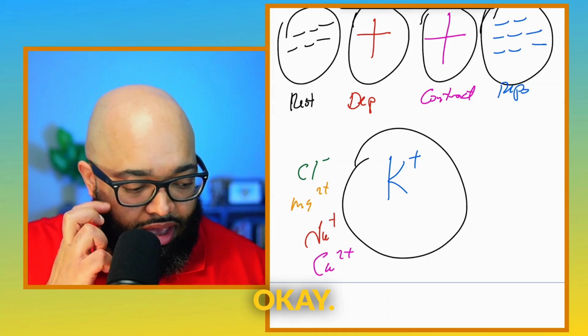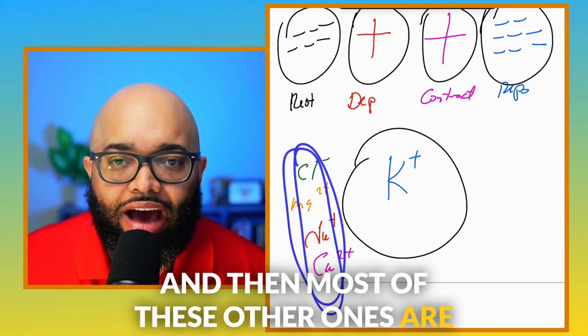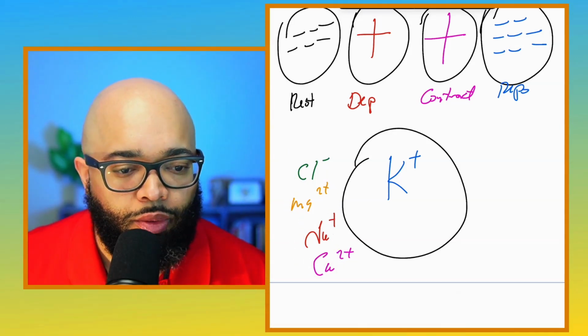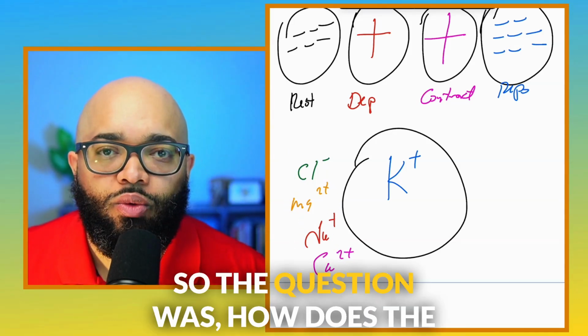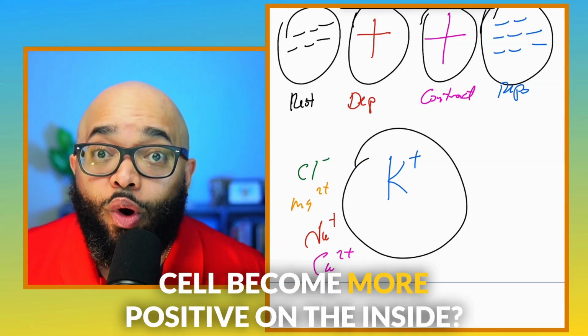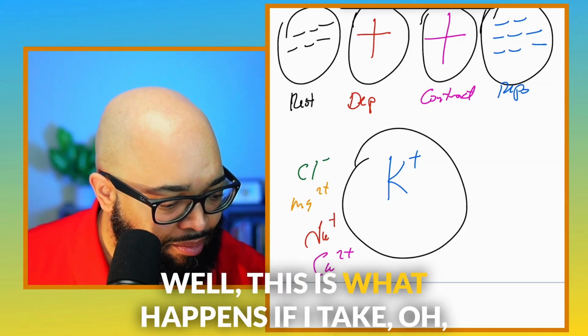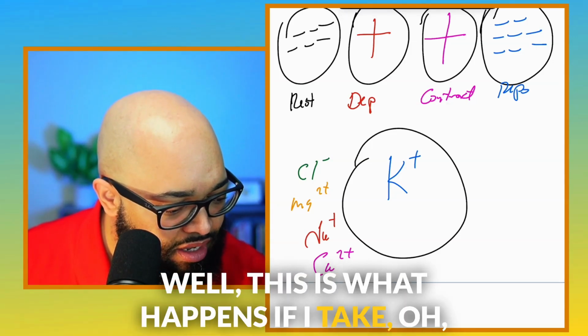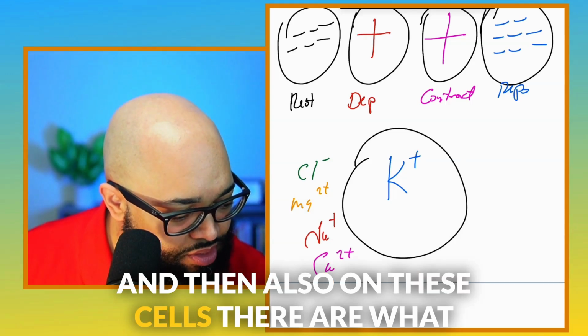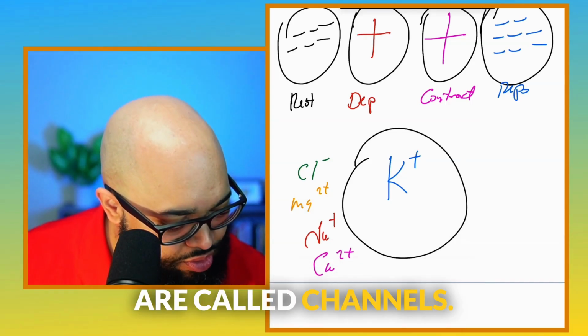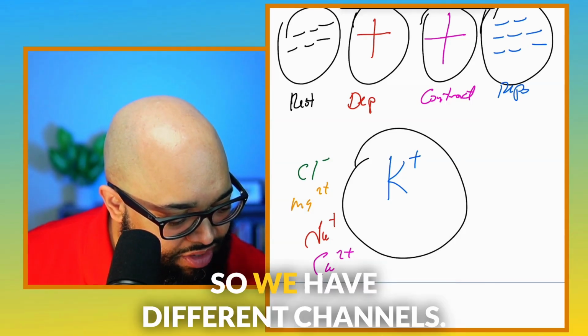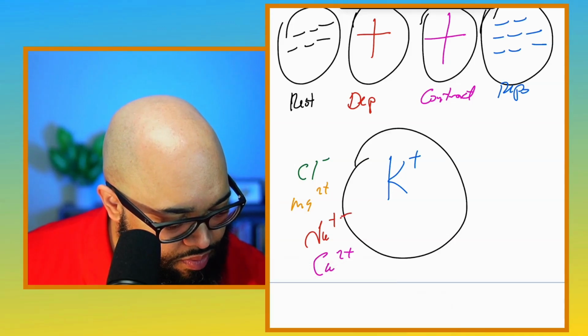Potassium. Okay. And then most of these other ones are outside of the cell. Are we good so far? So the question was, how does the cell become more positive on the inside? Well, this is what happens. Oh, and then also on these cells, there are what are called channels. So we have different channels.